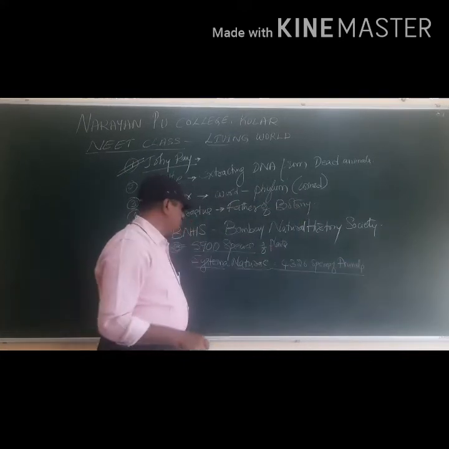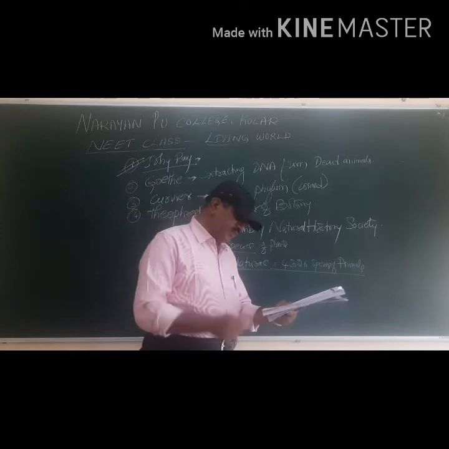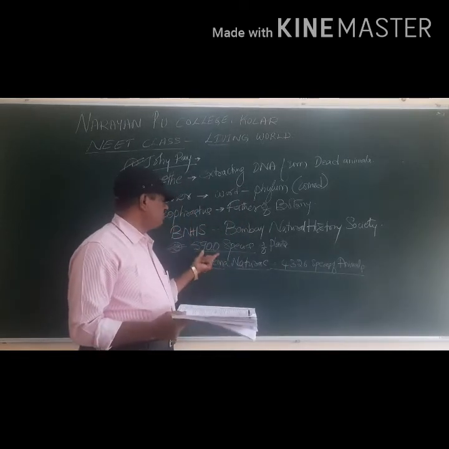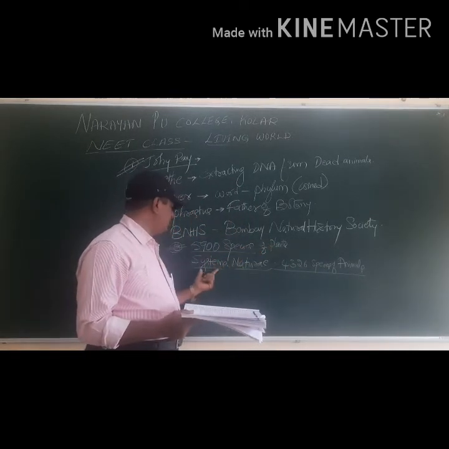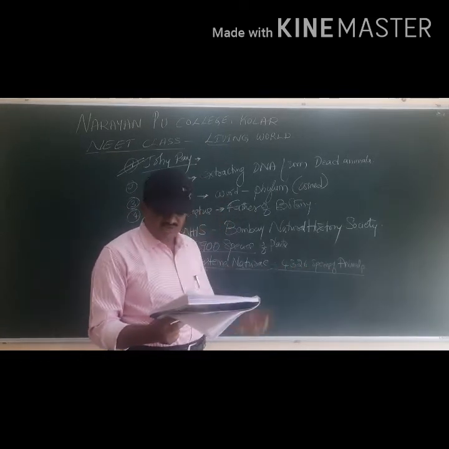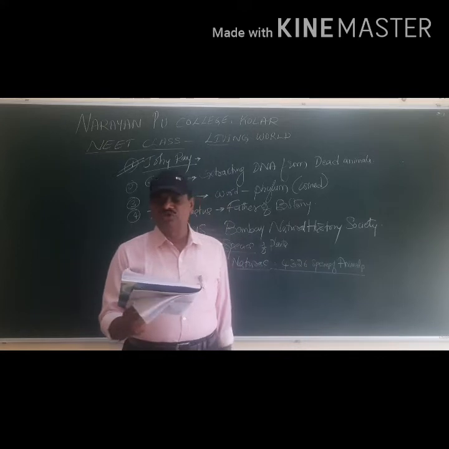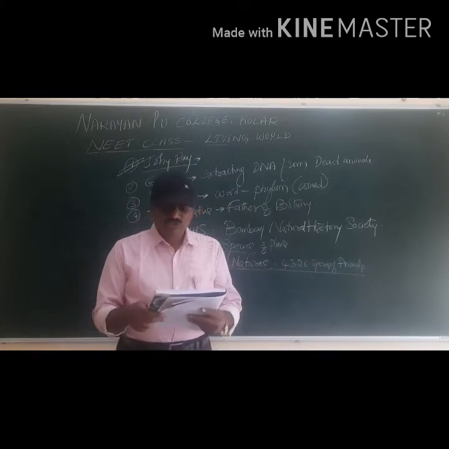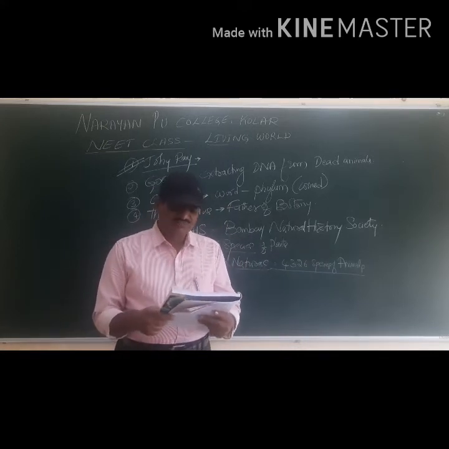So in Species Plantarum, 5900 species of plants, whereas in Systema Naturae, 4326 species of animals are present. So the third option is right. We go for the next question.